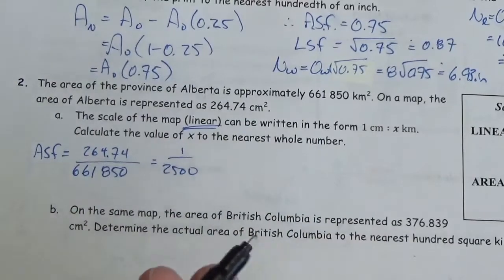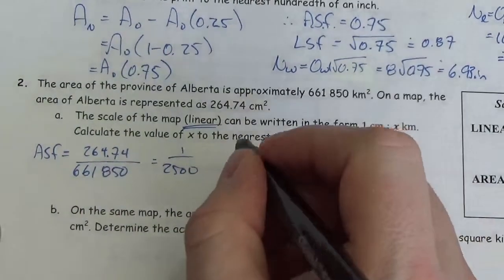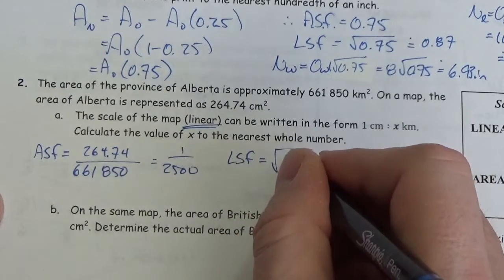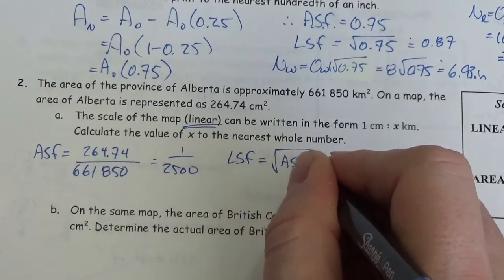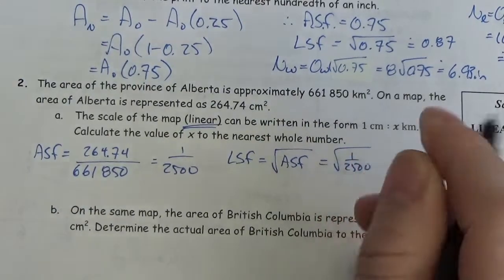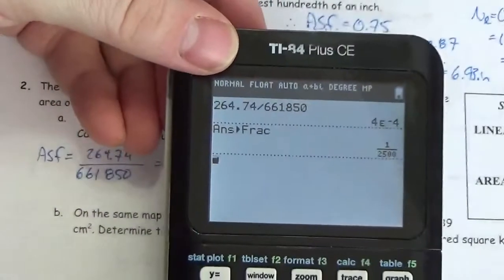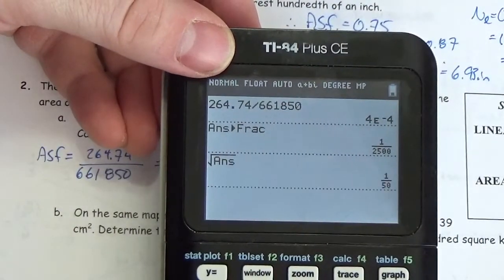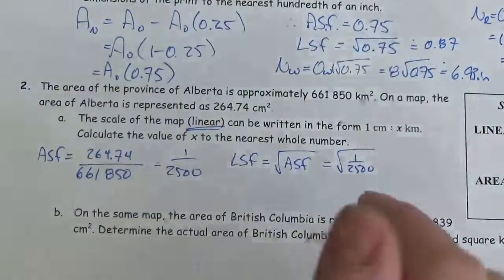That's actually a really nice number, because what that means is if I want to convert that to our linear scale factor, I'm just going to take the square root of the area scale factor, which in this case is going to be the square root of 1 over 2,500. And if I take the square root of my answer there, I get this beautiful 1 over 50.